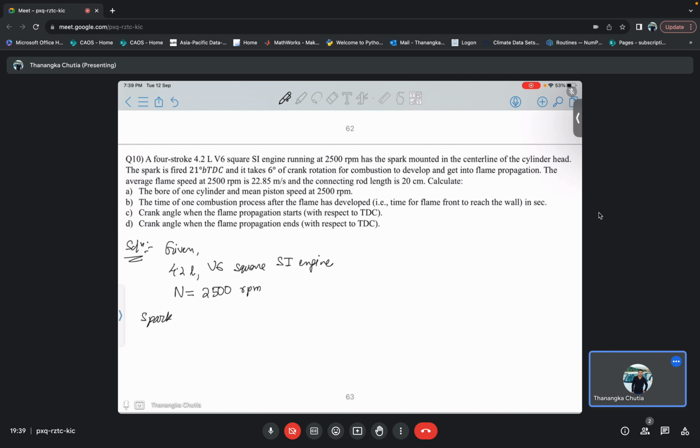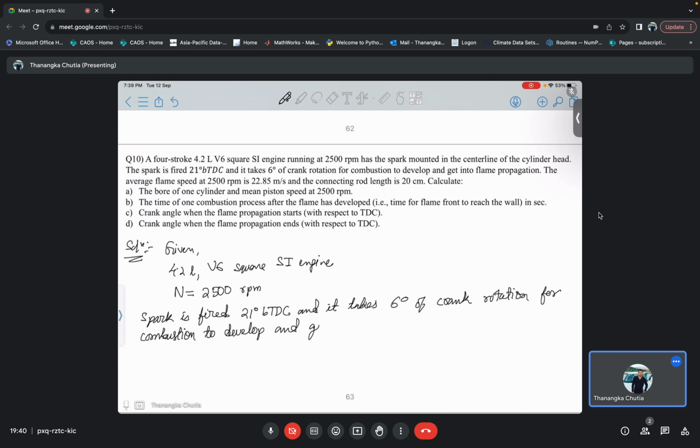Spark is fired 21 degree before TDC, and it takes 6 degree of crank rotation for combustion to develop and get into flame propagation.